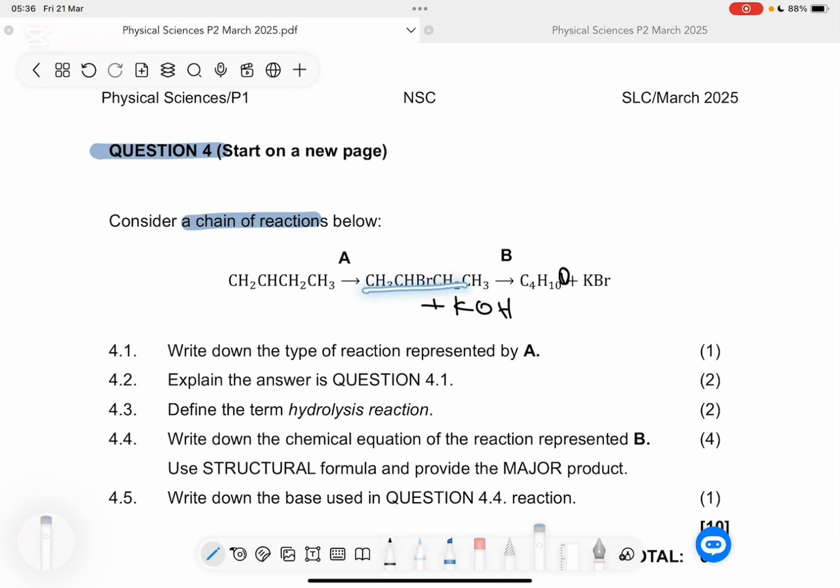So we took this as a reactant and we added potassium hydroxide to it. And what has happened is that the OH group actually swapped places with the bromine. That's why now we have a bromine here, and here we should include that O, because one of the hydrogens will form this hydroxyl group, the water element.